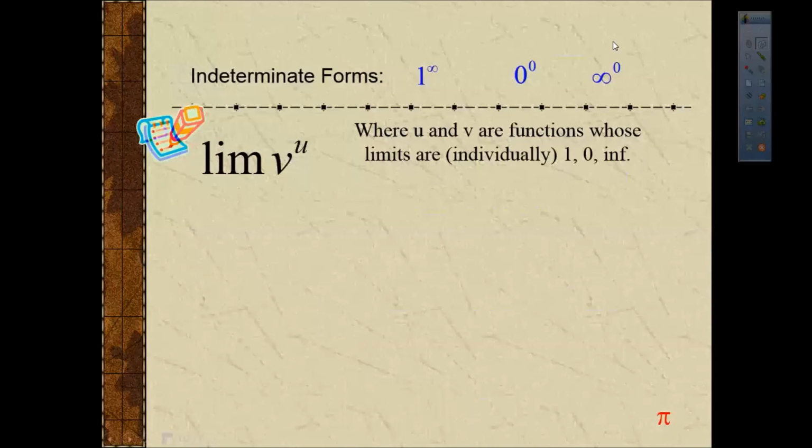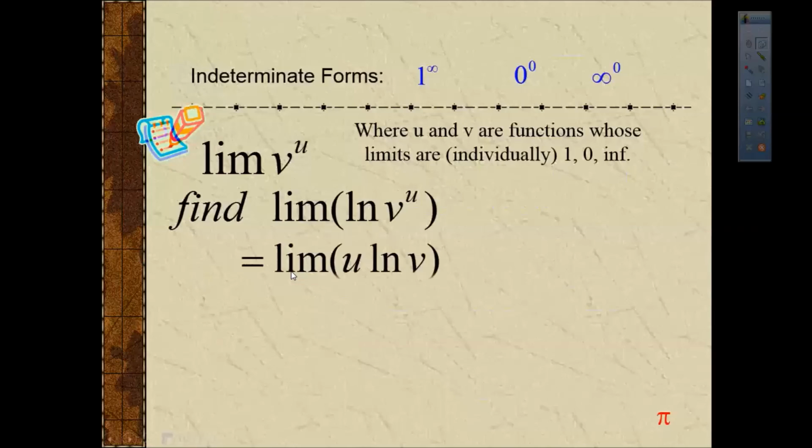If we get one of these indeterminate forms, look at a different limit. Look at the limit of natural log of v to the u. So on the paper, we're just doing the limit of natural log of v to the u. Of course, this exponent can come out in front of natural log v.